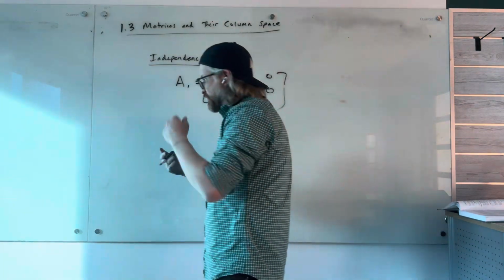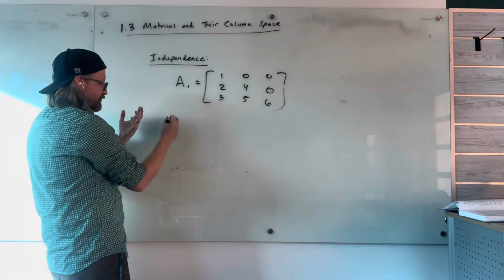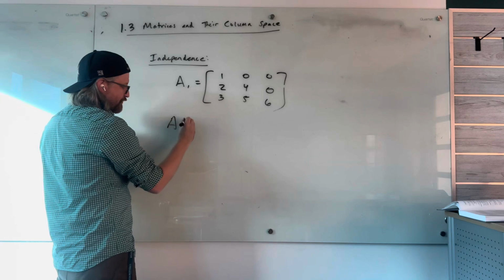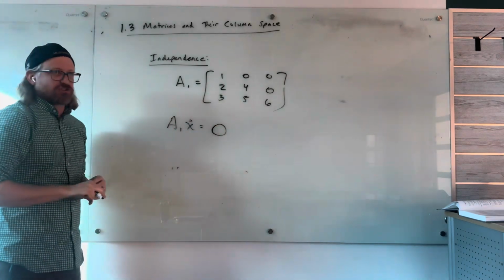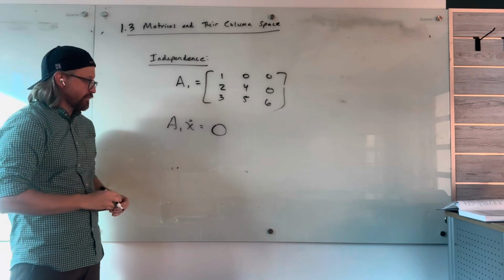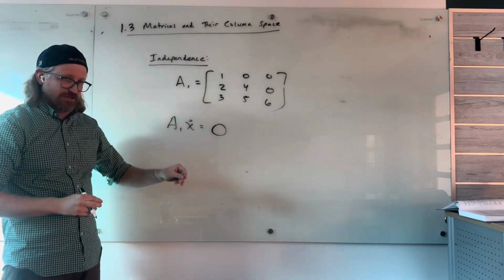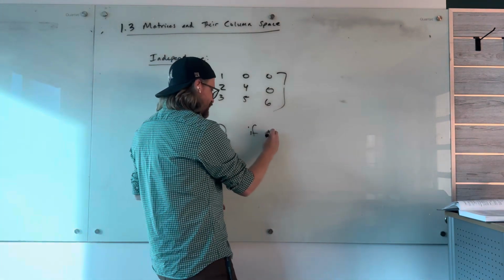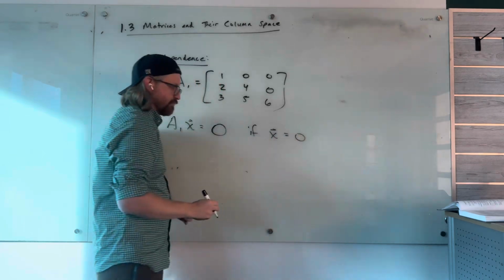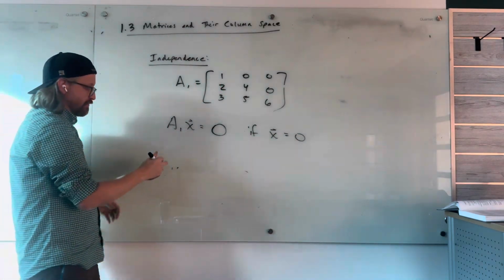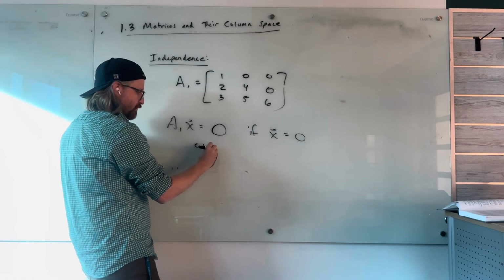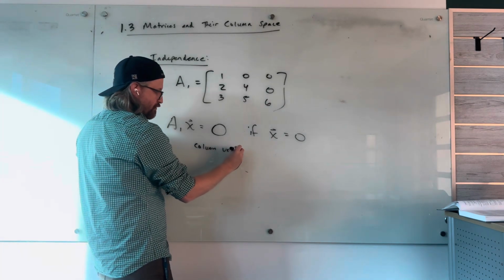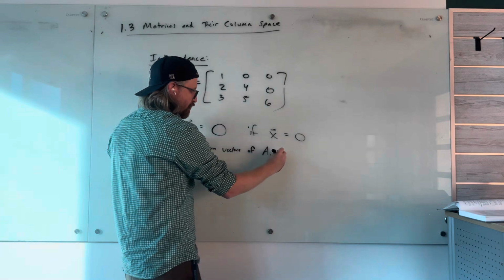So one of the ways that we can think about this is that if I took this matrix and I multiplied it by a vector x, if I was trying to get to 0, the only way that I could get to 0 is if x was 0. If this is the case, then I can say that the column vectors of A are independent.